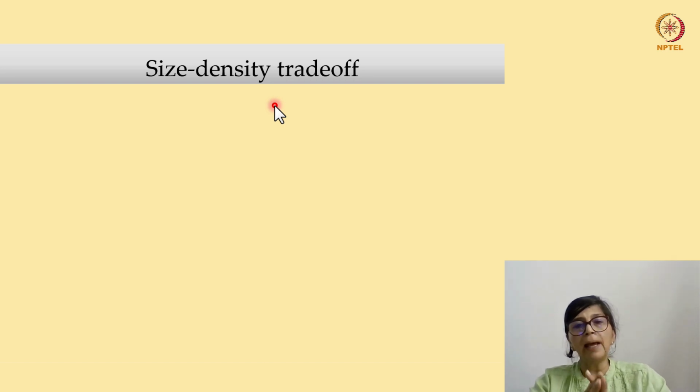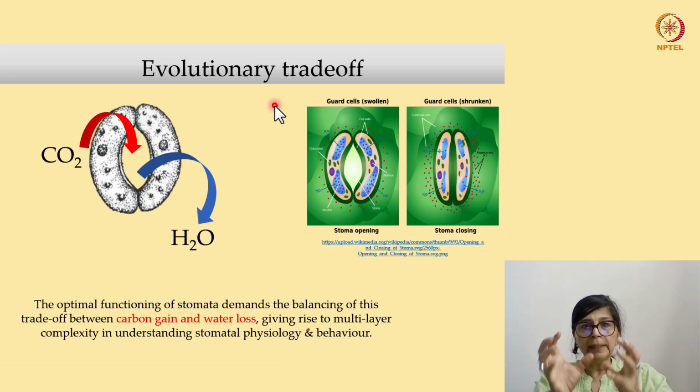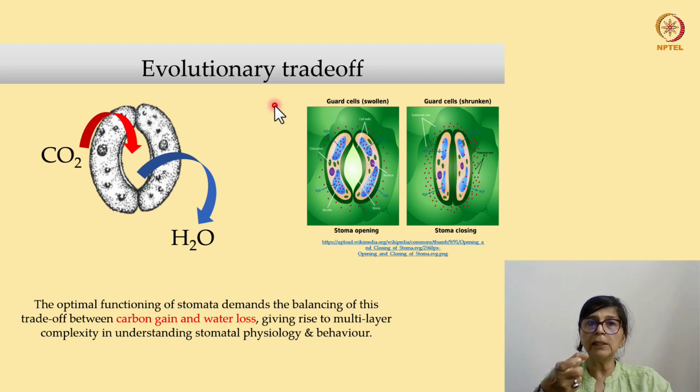So initially when plants evolved, they had this kidney-shaped stomata, and the stomata in lower dicots were quite big in size. What does that mean? If the stomata are big and they have to open up, the minimum amount of water loss through those bigger pores is anyway much higher. So even if they had fewer stomata at that time, the water loss was much more.